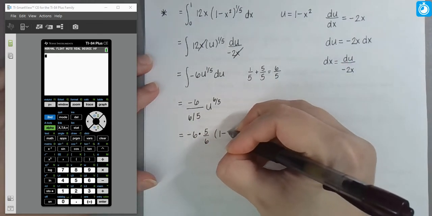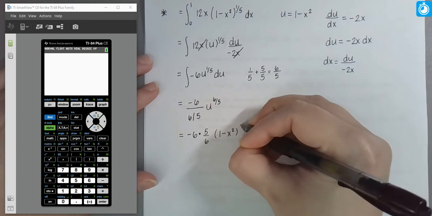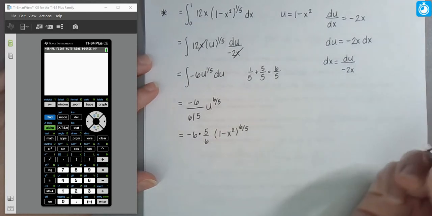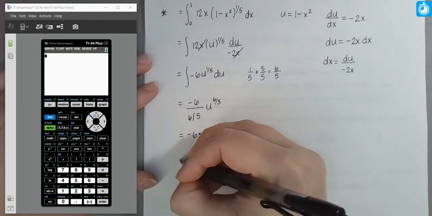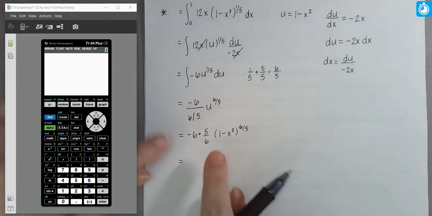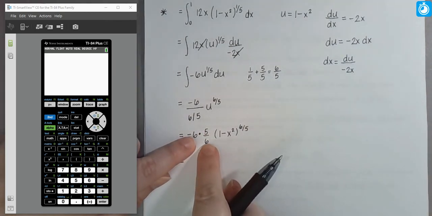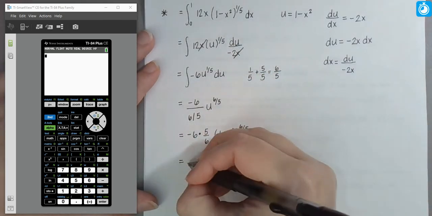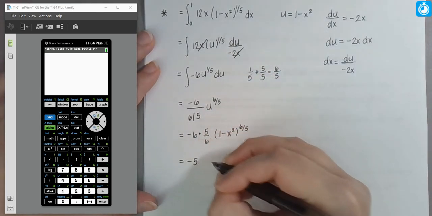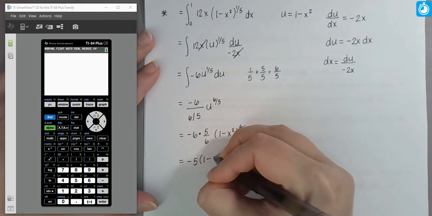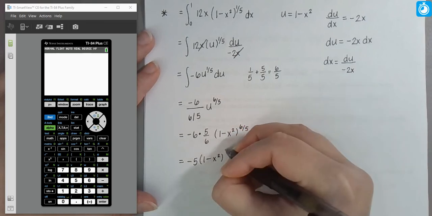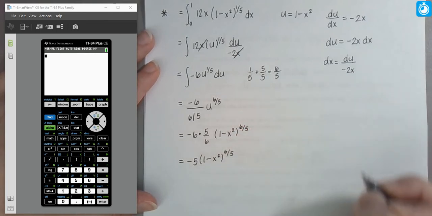So that's going to be 1 minus x squared raised to the 6/5 power. So one more simplification. Our 6's are going to eliminate, which will just leave us with a negative 5. So we have negative 5 times 1 minus x squared raised to the 6/5 power.